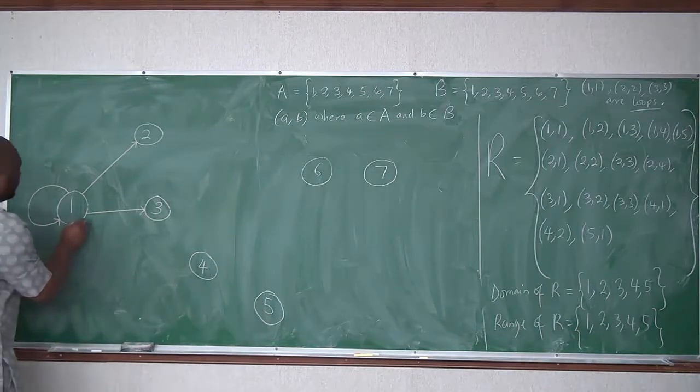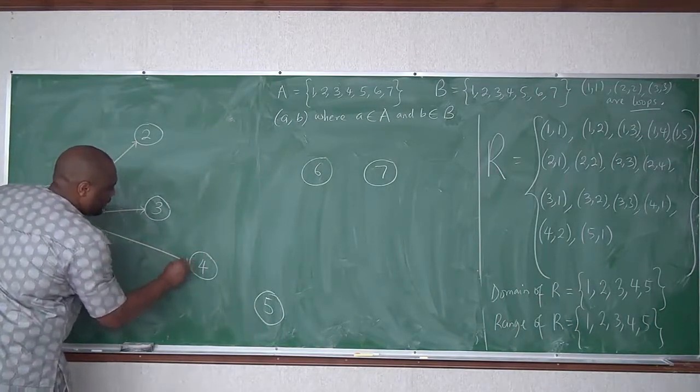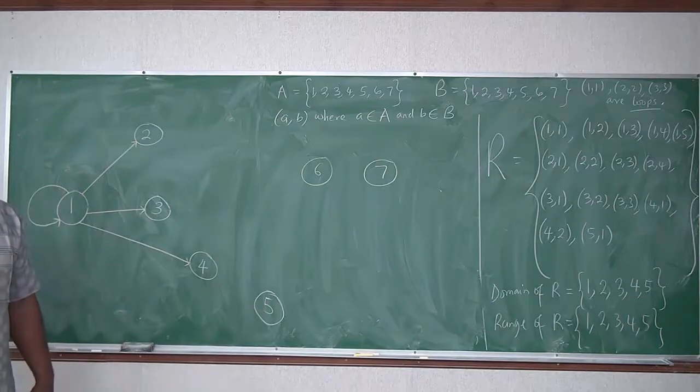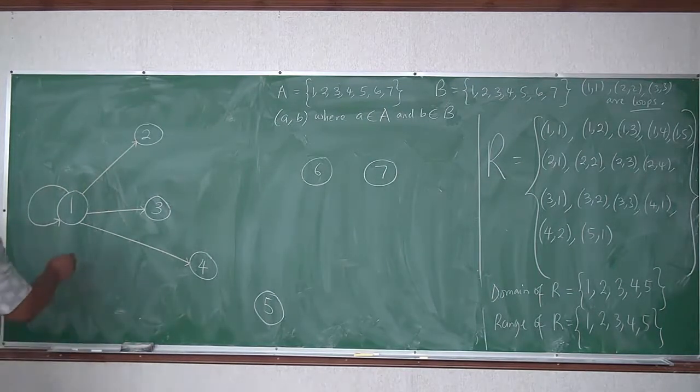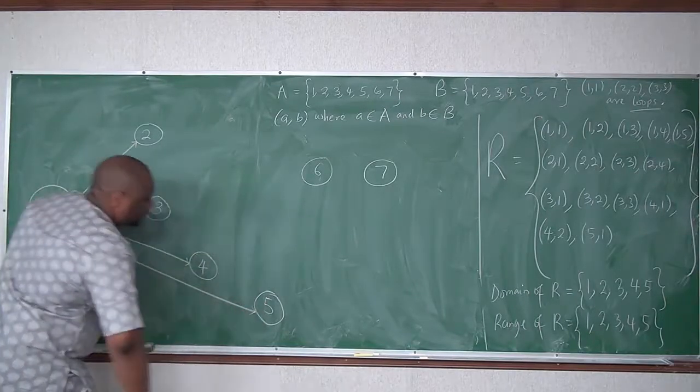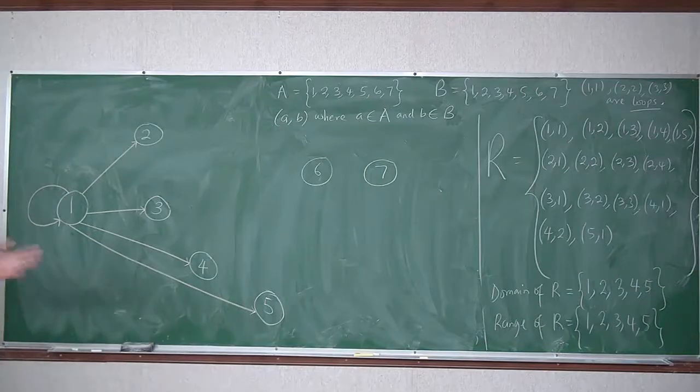You have 1, 4, so I draw this here. At the terminal vertex, you put an arrow. Initial vertex, no arrow. Terminal vertex, you put an arrow. Then I have 1, 5. So from here, 1 to 5. Okay? Edges or arcs. It mustn't be straight.